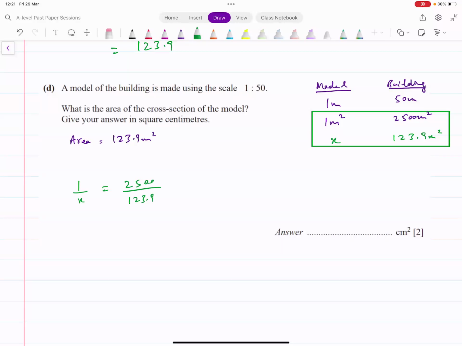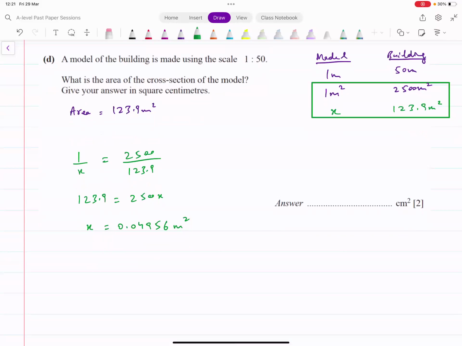So 123.9 into 1 equals 2,500 into x. The area of the model turns out to be 123.9 divided by 2,500. You can do it directly as well. That's giving me 0.04956 meters squared.